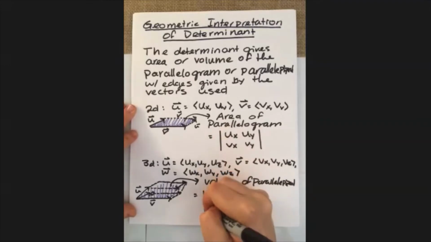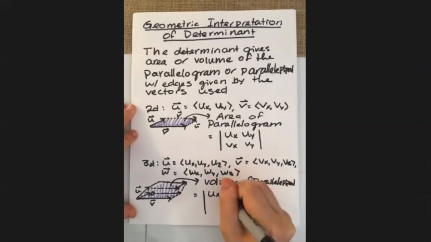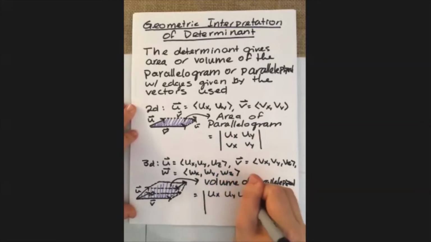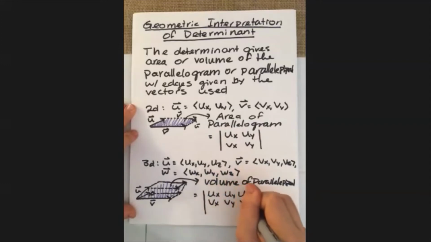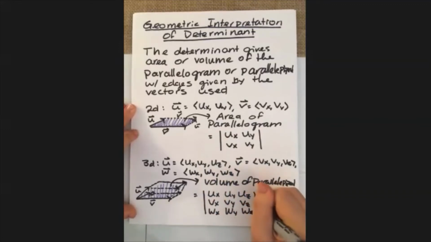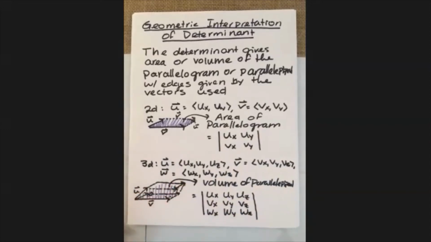We take those vectors and we stack them into the determinant by row. So (ux, uy, uz) is the first row, (vx, vy, vz) is the second row, and then w is going to give us the third row. So this number that you get out of this determinant gives you that entire volume defined by the parallelepiped from the vectors.